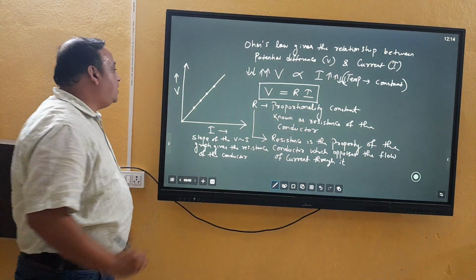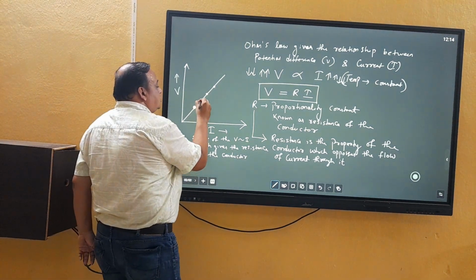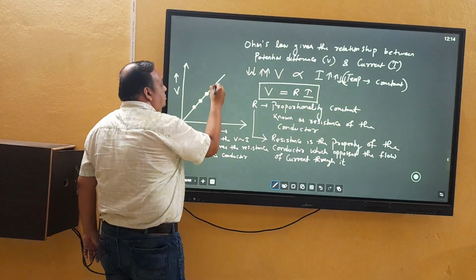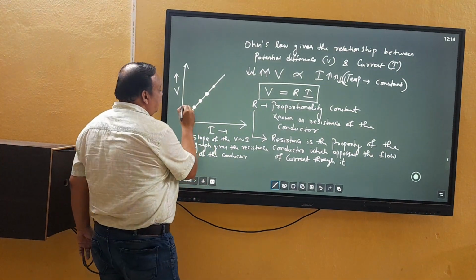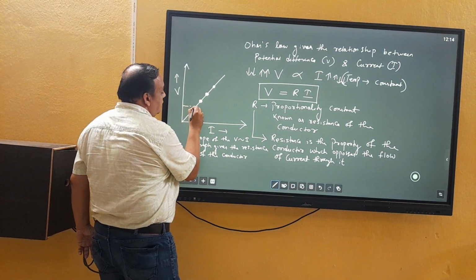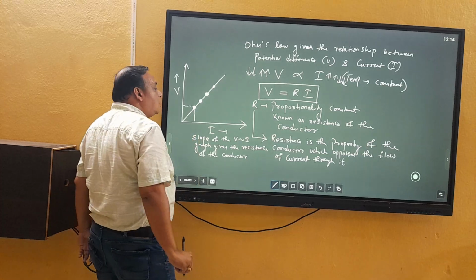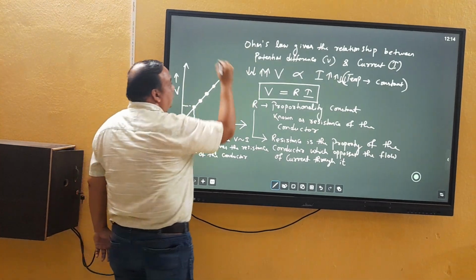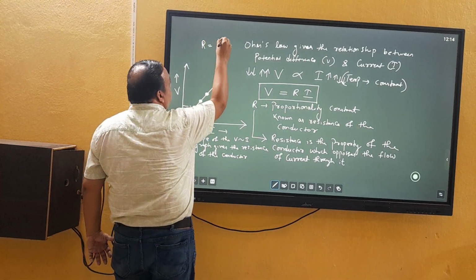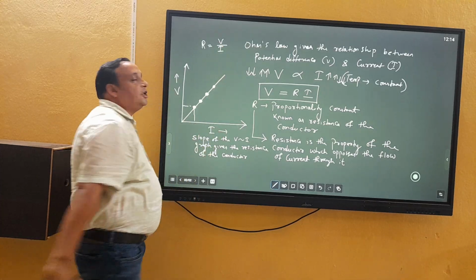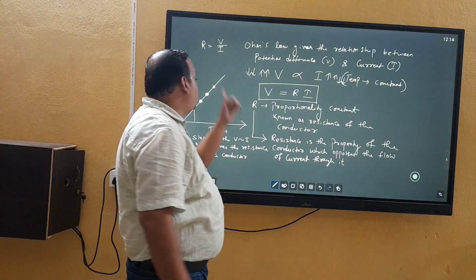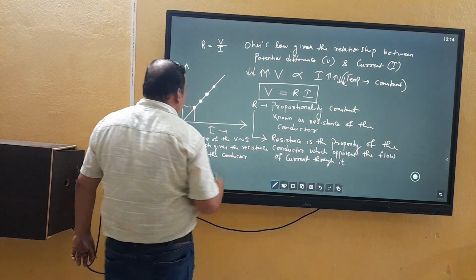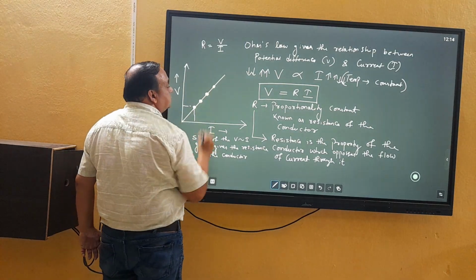In this graph, the resistance is constant. At any point we can find the resistance: find the value of voltage and the value of current, then divide, R = V/I. So the resistance value is constant.